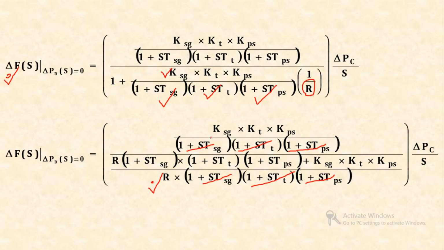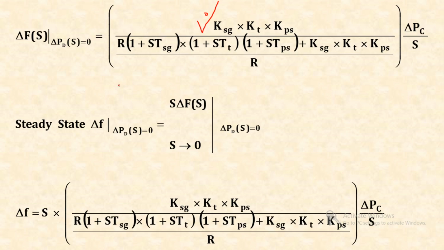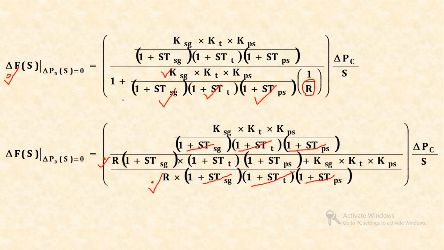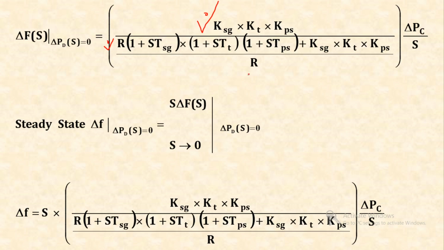In the denominator this entire term will be as it is. If these three terms are cancelled out, then R will remain as it is, so the denominator of the denominator will be R only.